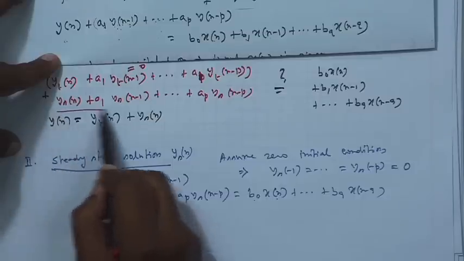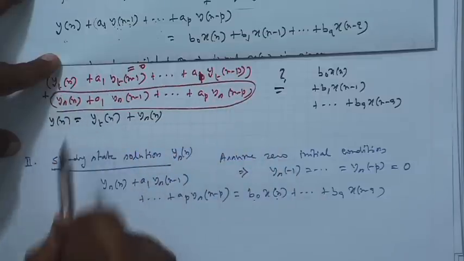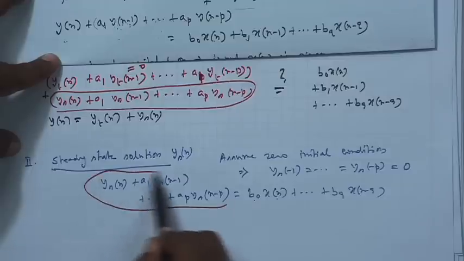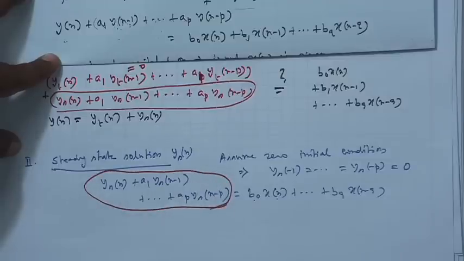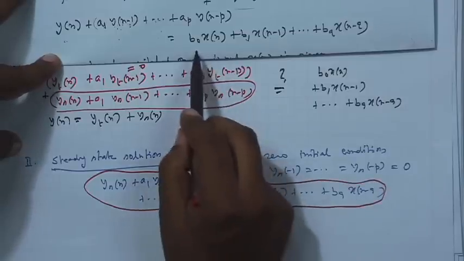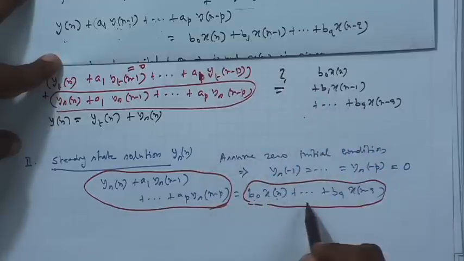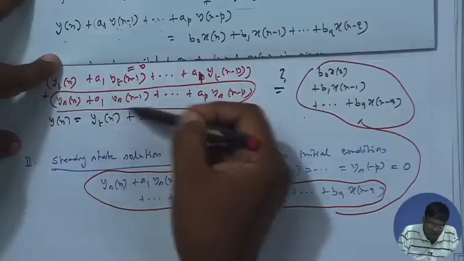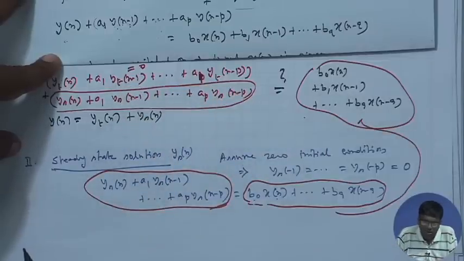On the other hand, this part corresponds to the left hand side here, which was equated to this right hand side. These two are the same, which means the left hand side is satisfying the right hand side.